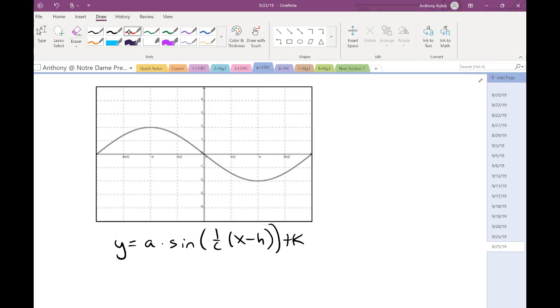Well, I'm going to use those attributes of the graph, right? So which one would be a good one to start with? Which one should I look for first? A, H, C, or K?